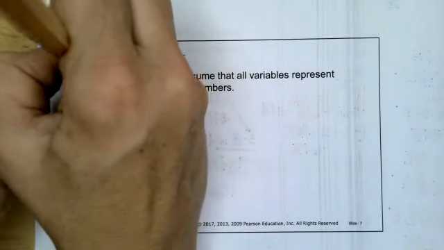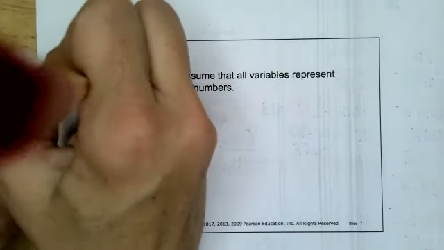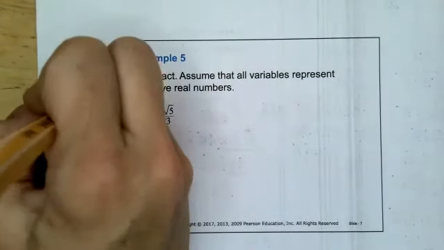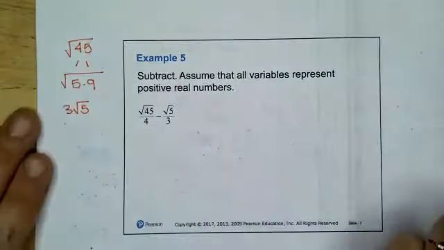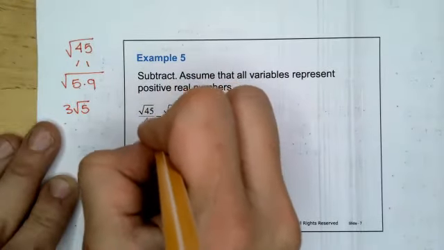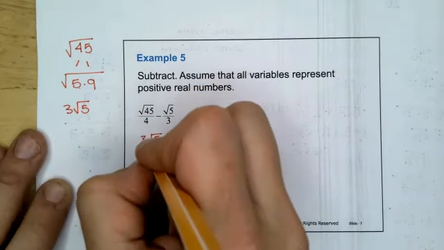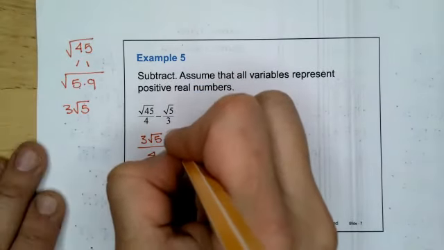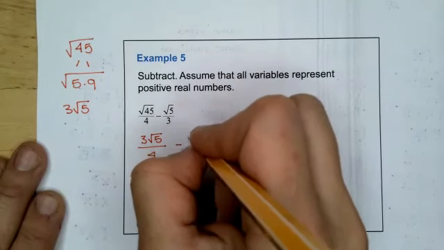I know we've done this a few times, does 45 go into 5? Yes, it's 5 and 9. So that is 3 square root of 5, right?